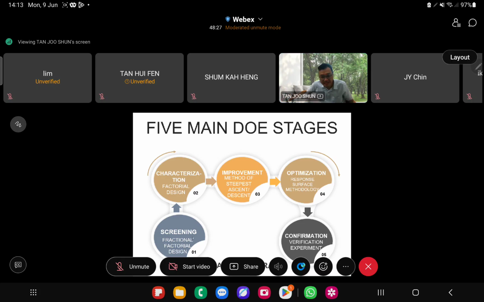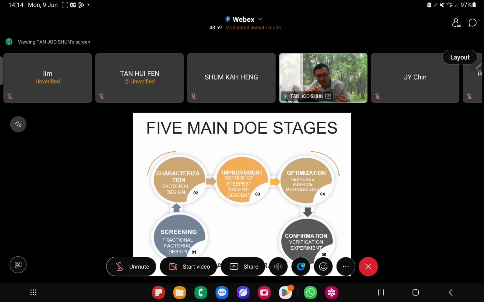In screening, normally you will use the two-level factorial design. For example, if you screen 10 or 20 factors, you won't use a full two-level factorial design, because you would need to run a lot of experiment runs.